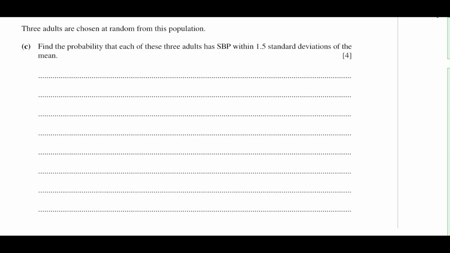So simply I have to find the probability of Z between minus 1.5 and plus 1.5, since 1.5 standard deviations means between minus 1.5 and plus 1.5.